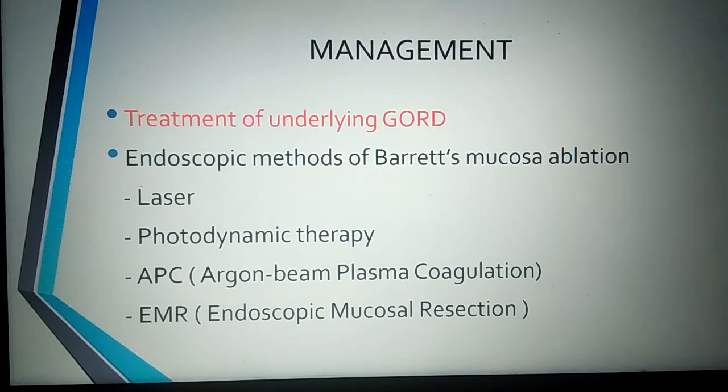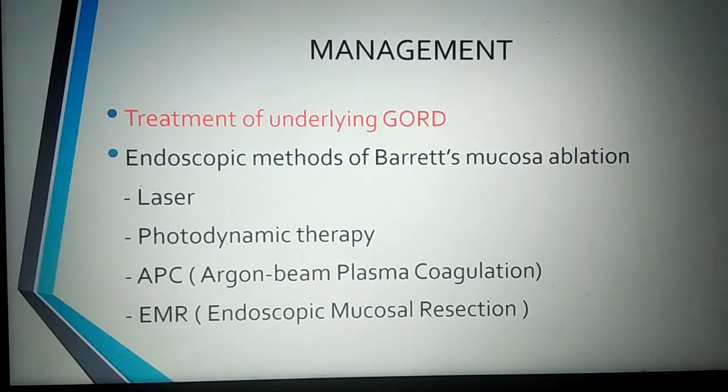The management of Barrett's esophagus basically has two important things. The first and foremost is the treatment of the underlying gastroesophageal reflux disease, which we have already discussed, the medical as well as surgical part. The endoscopic methods are also available, with the help of which we are going to ablate the Barrett's mucosa.